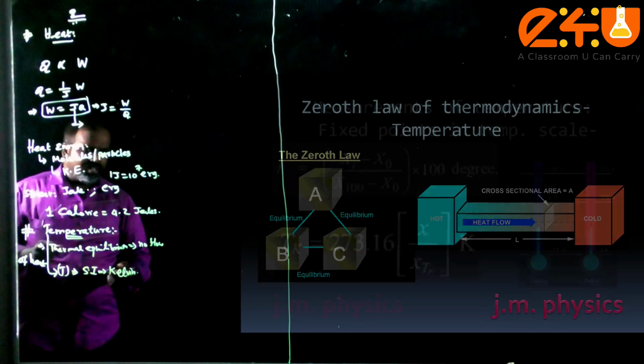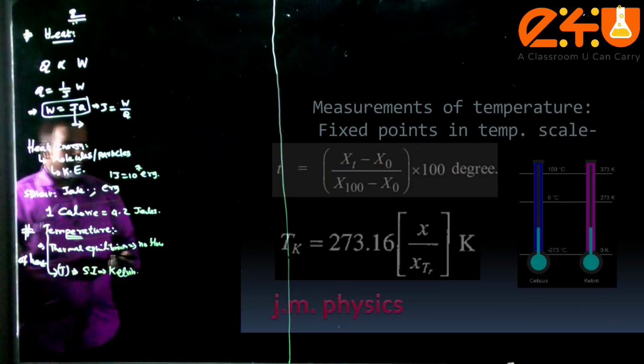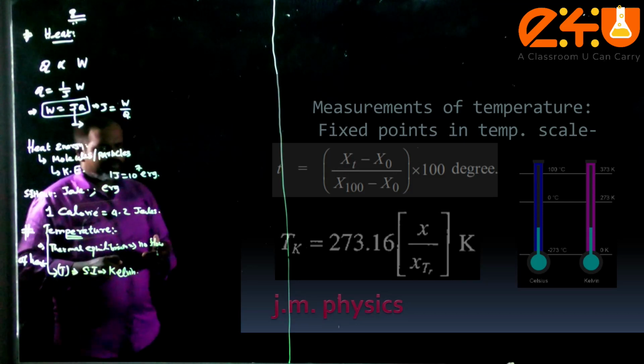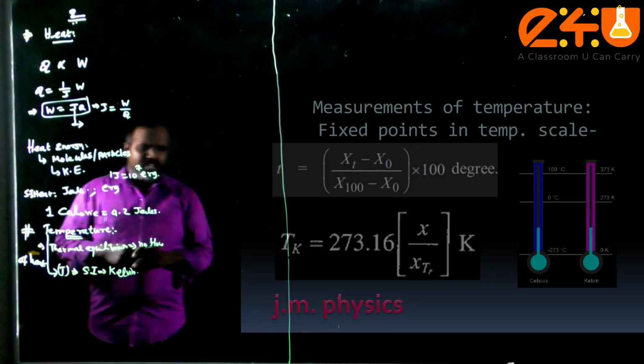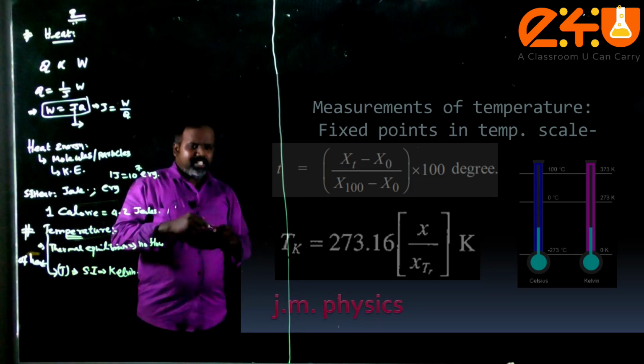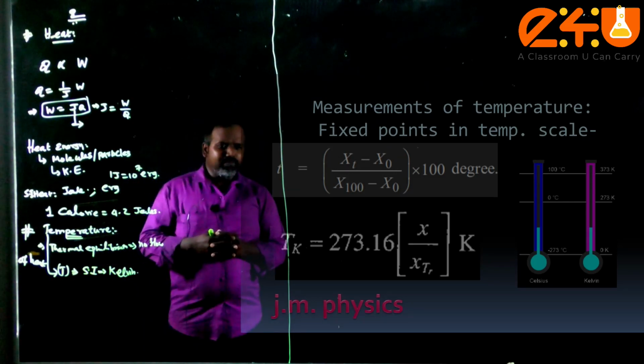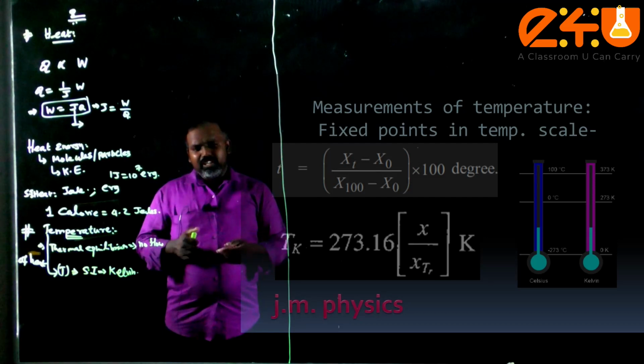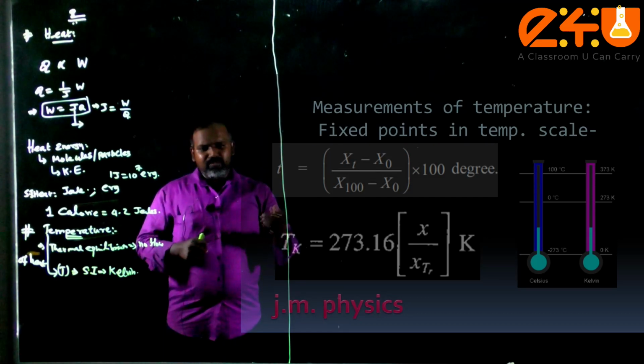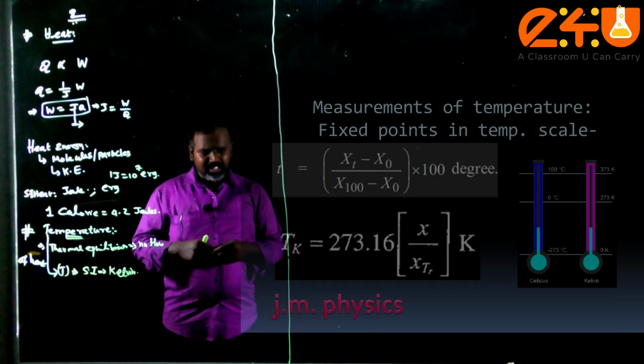So next one. The measurement of temperature and the fixed points in the temperature scales. To measure the temperature, practically we are using a device or instrument called a thermometer. In the laboratory, you saw that a mercury thermometer is there, an alcohol thermometer is there.